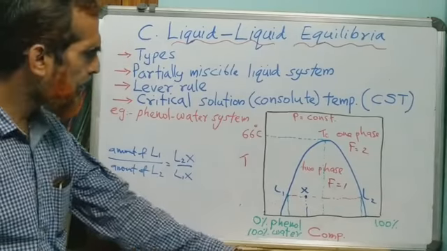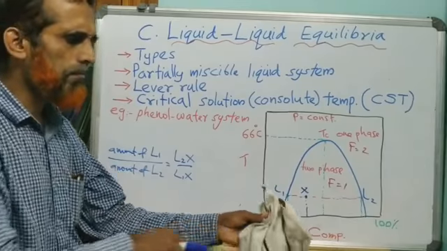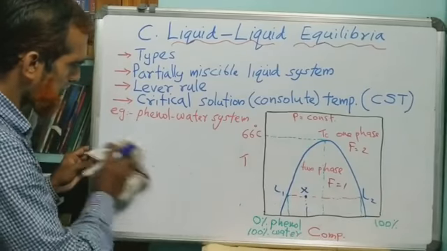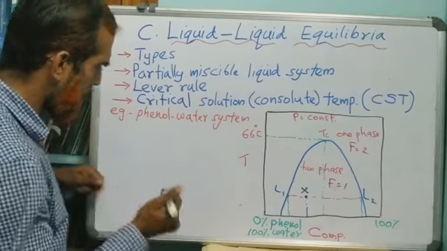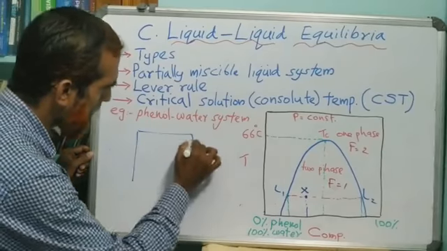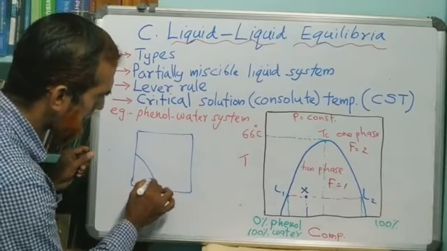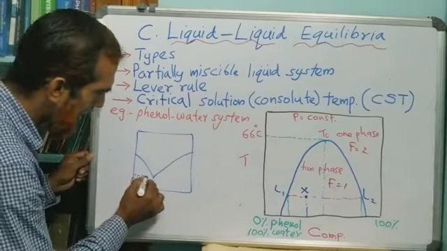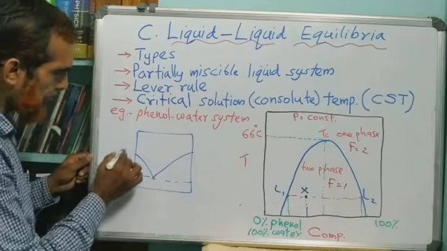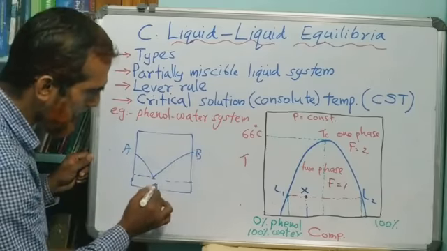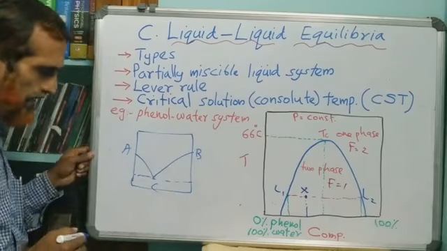You can apply the lever rule to even a simple eutectic system also. For example, if you take the phase diagram of a simple eutectic system, it is like this. This is A, this is B, this is the eutectic composition C, the eutectic point.